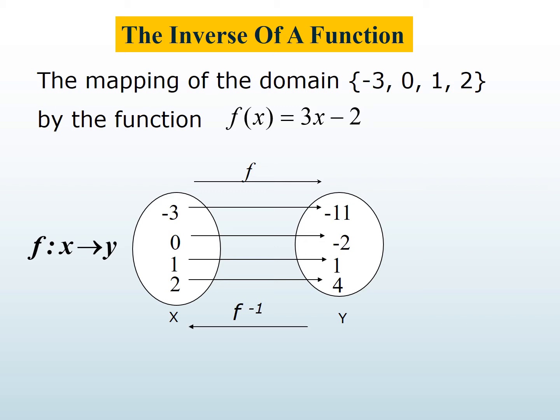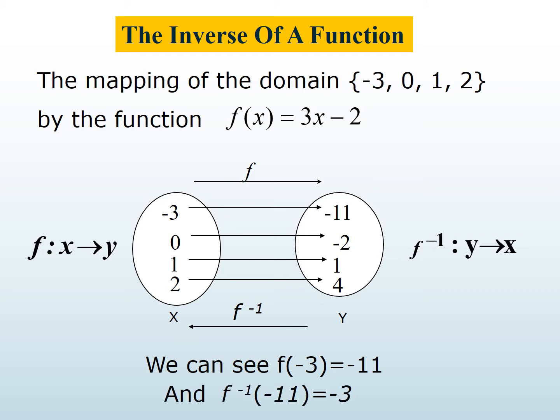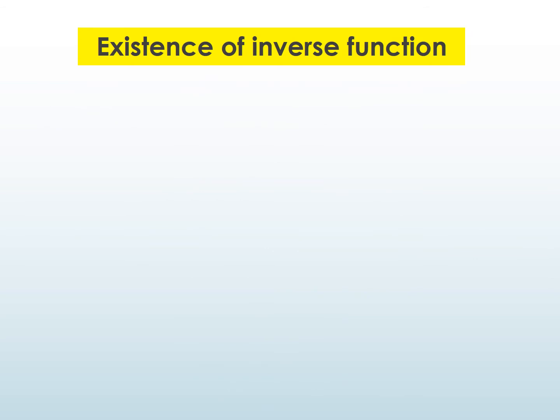And the function f inverse is mapped from y to x. We can see f(negative 3) is equal to negative 11 and f inverse of negative 11 is equal to negative 3.